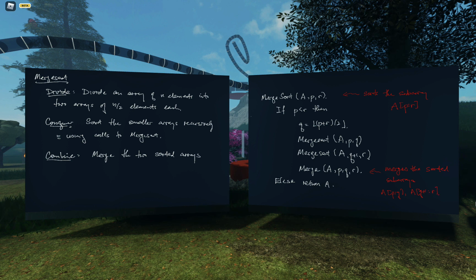Obviously when we call the function, we're going to be calling it on A, 0, n, the whole thing, but subsequent calls to the function will require it to act on subarrays. So we need to put in these indices and keep track of them.